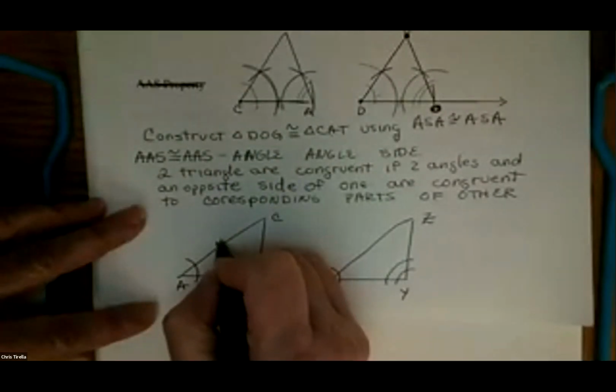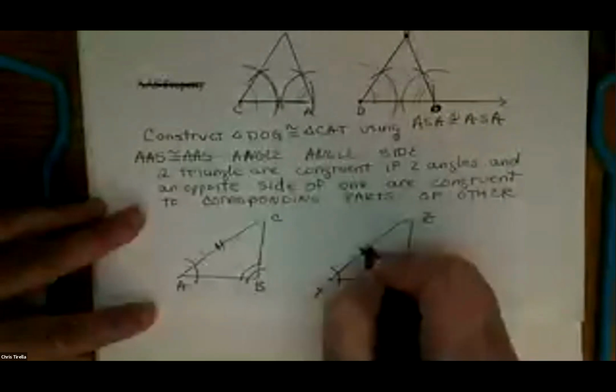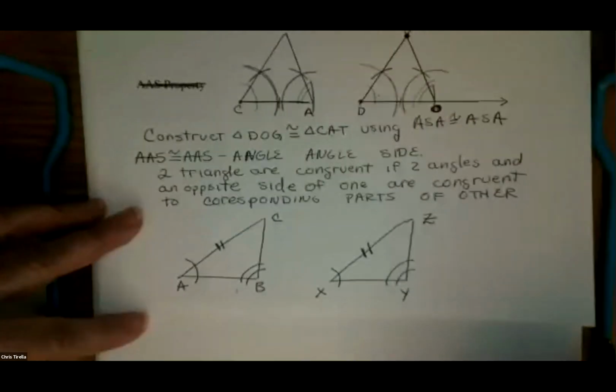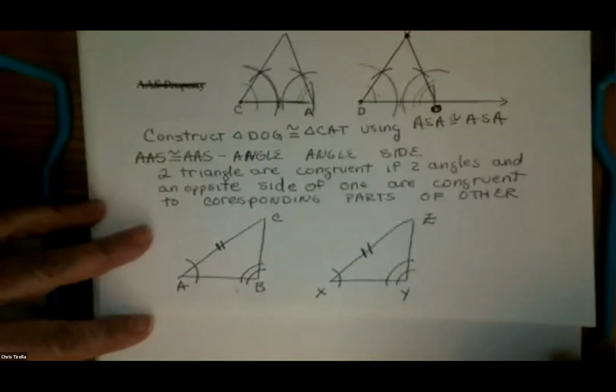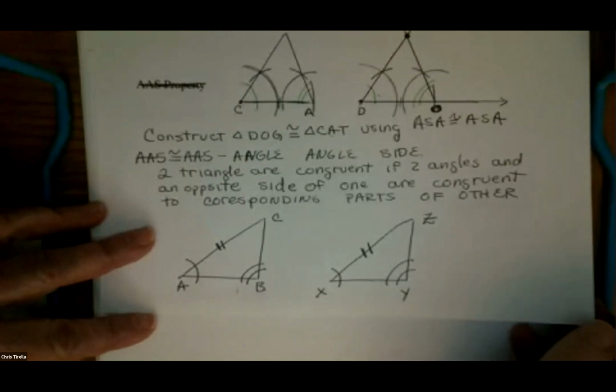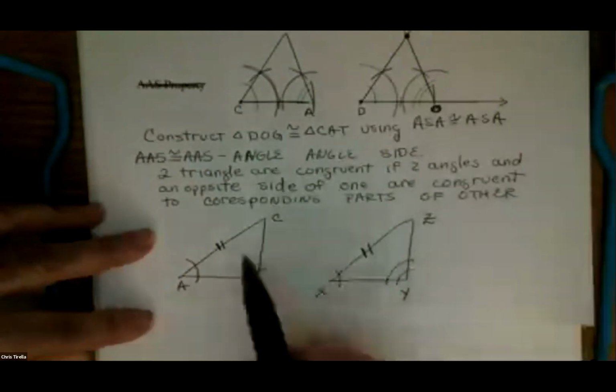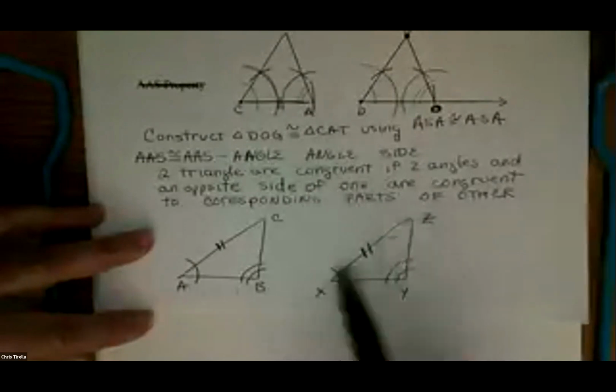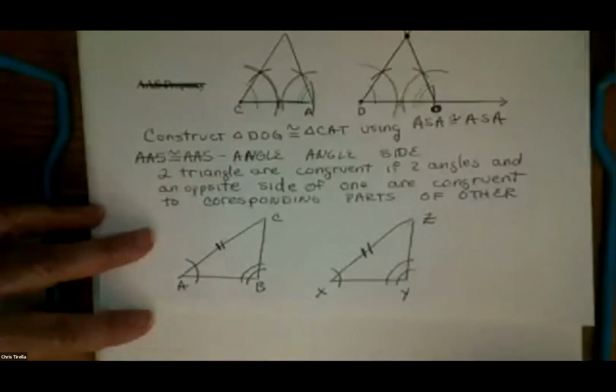So let's say that side AC is congruent to side XY. Well, here I need a little bit of help. Can anybody remember what the total of the angles of a triangle always is?